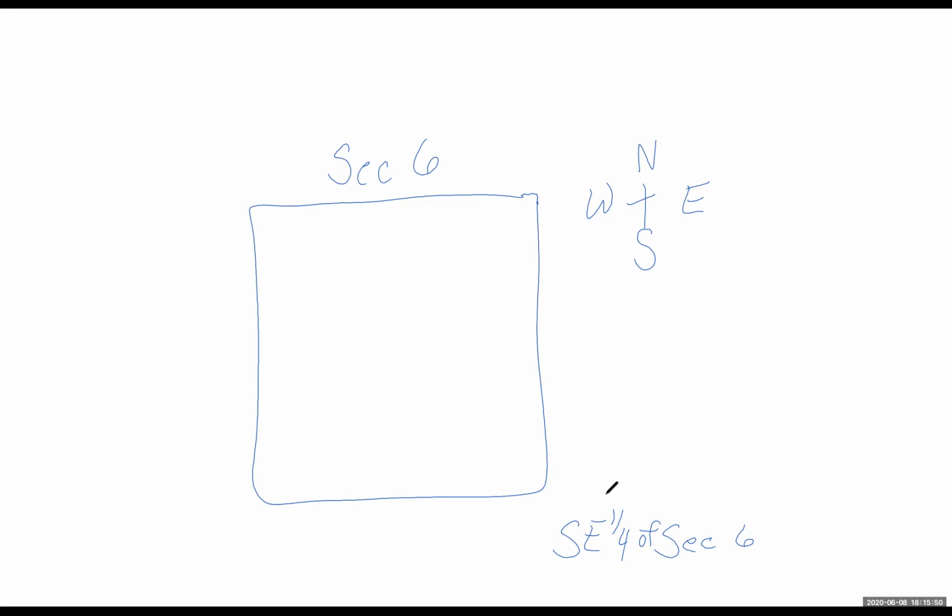If we need to find out where this land is, the southeast 1/4 of section 6, we're going to take section 6 and make it into quarters, because that's what it says. You see right here where my pointer is, southeast, right? It's the bottom and the right-hand side. So where's the southeast 1/4? Right here. Everybody follow me?